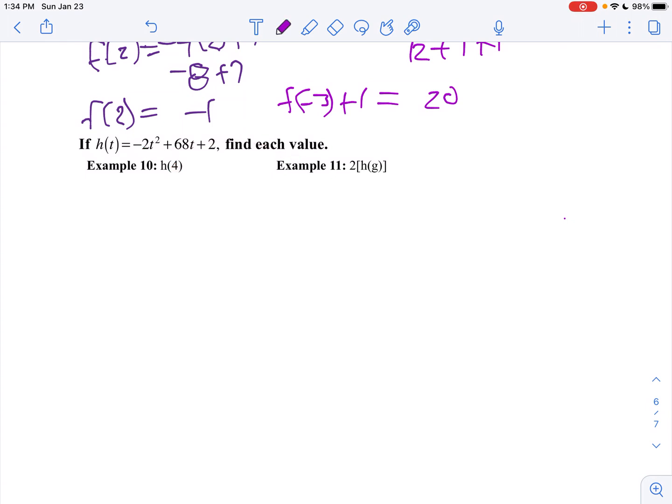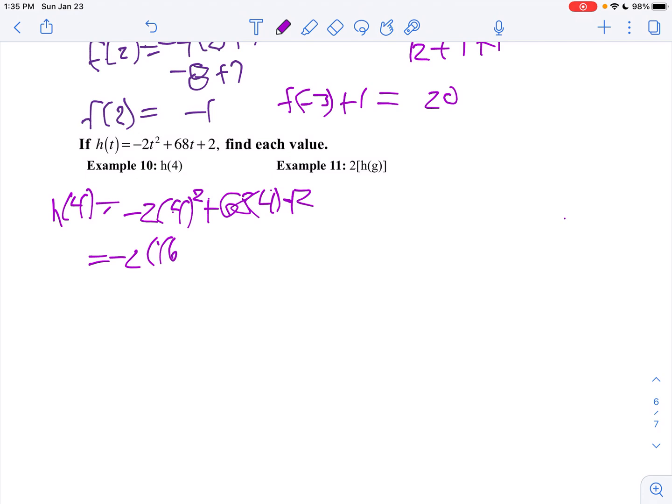So in other words, h of 4 equals negative 2 times 4 squared plus 68 times 4 plus 2. Now, order of operations, I'm going to find the exponent first. I'm going to say negative 2 times 16 plus 68 times 4. And I'll add 2 on the end.